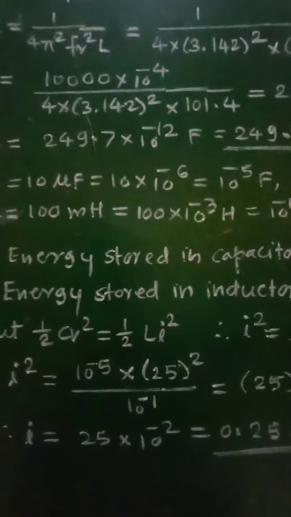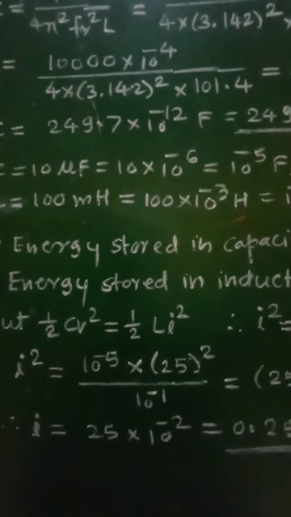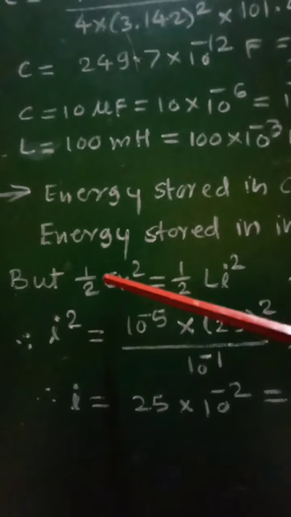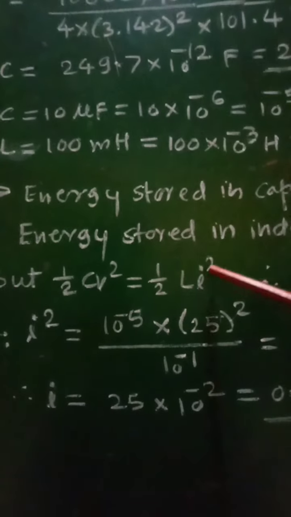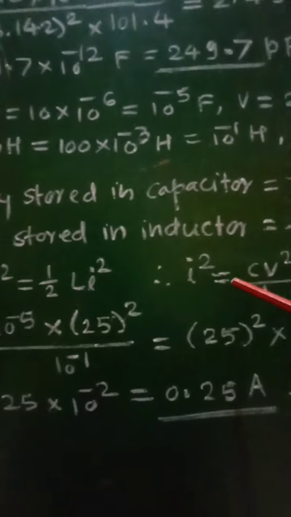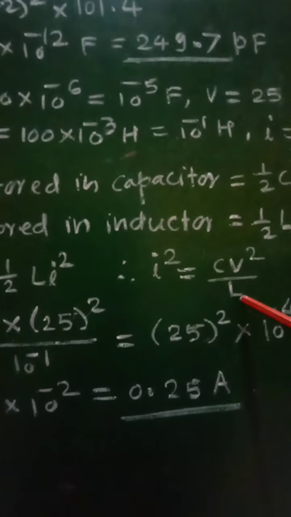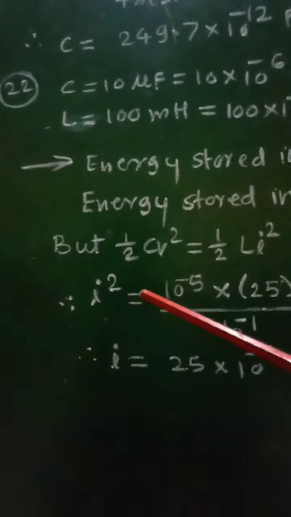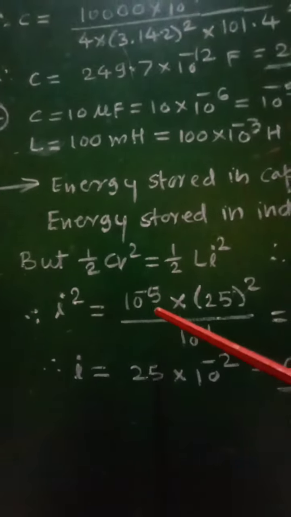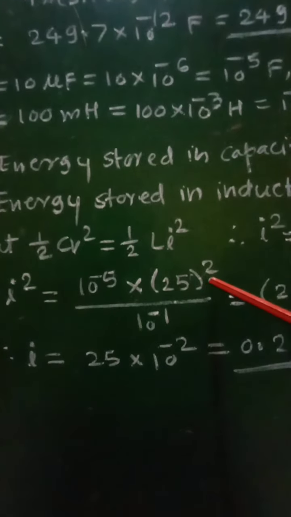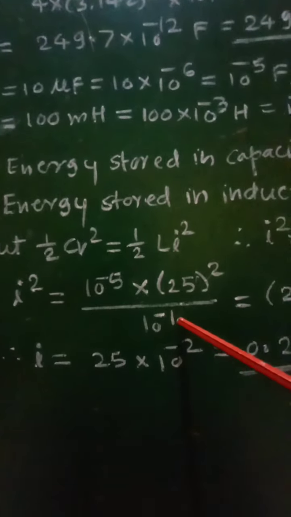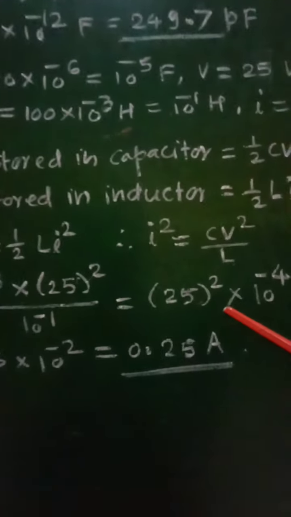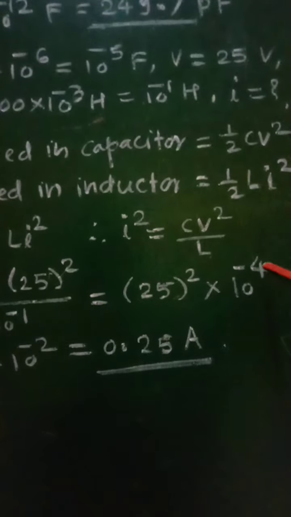Now in this case, energy stored in capacitor will be equal to energy stored in inductor, and therefore we have written half C phi square equal to half L I square, and therefore we can write I square equal to C phi square upon L. Therefore I square will be equal to 10 raised to minus 5 into 25 square divided by 10 raised to minus 1, which comes out to be 25 square into 10 raised to minus 4.